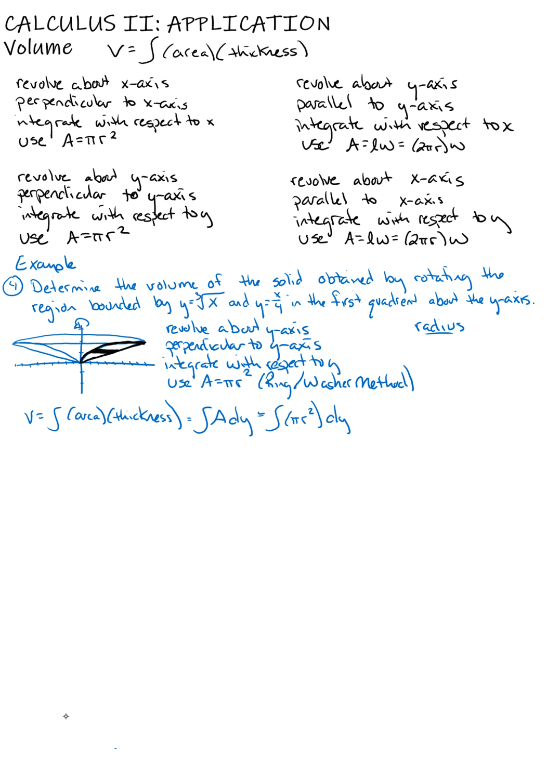But you'll notice that our y values for these bits here go from the line x over 4 to the curve cube root of x. And so for our radius, we're going to take the outer one, which is x over 4.